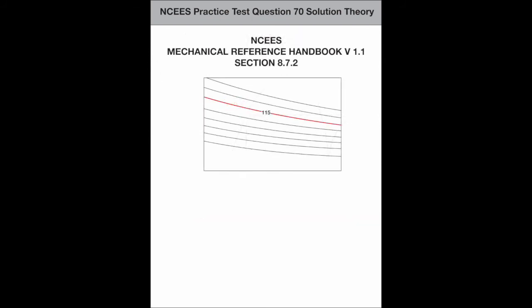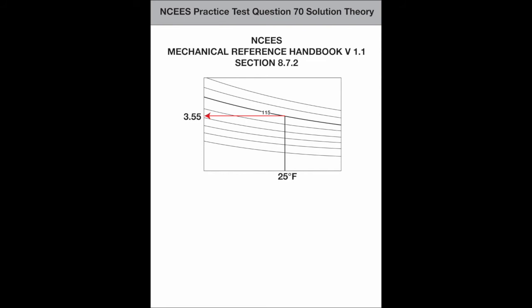So, on the chart in section 8.7.2 of the NCEES Mechanical Reference Handbook, find the 115 degree line labeled Liquid Temperature to Evaporator Feed. Where this intersects with the x-axis value of 25 degrees, find the value of roughly 3.55 on the y-axis.